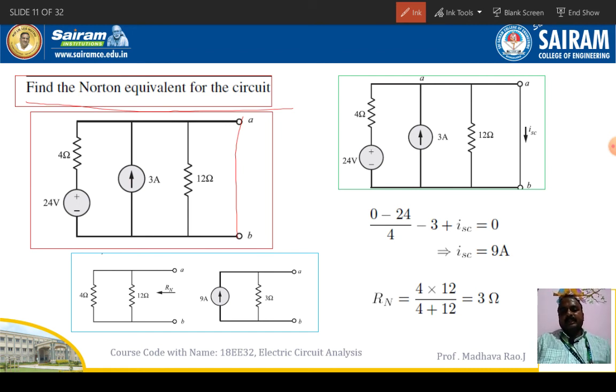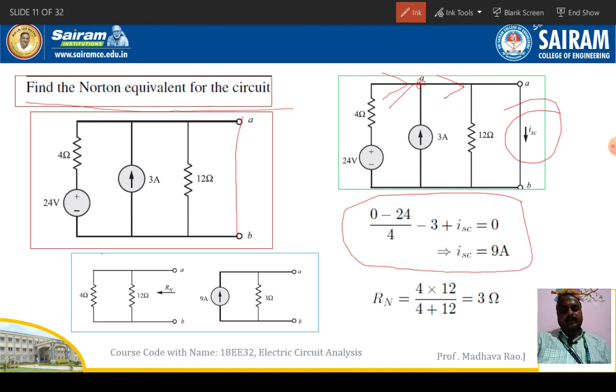Next we have to find the short circuit current, ISC. So here we can apply KCL, or node analysis, and find the ISC.